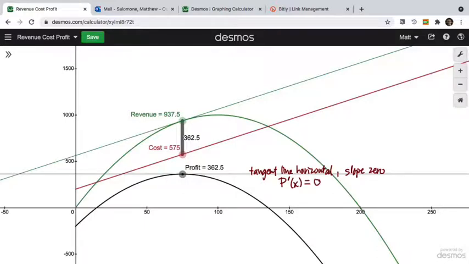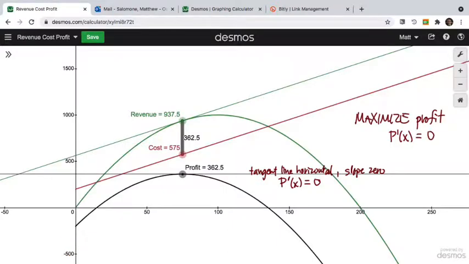So how does all of this come together? We want to maximize profit, find the place where the profit function reaches its maximum value. That means we want to look for places where the derivative of the profit is equal to 0. But on the other hand, profit is revenue minus cost.